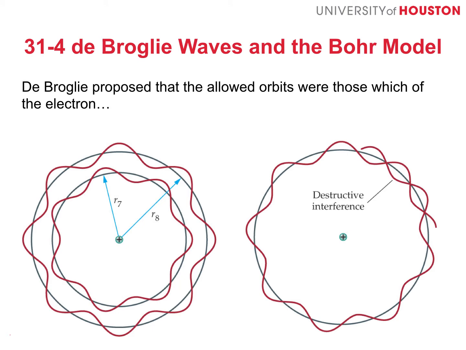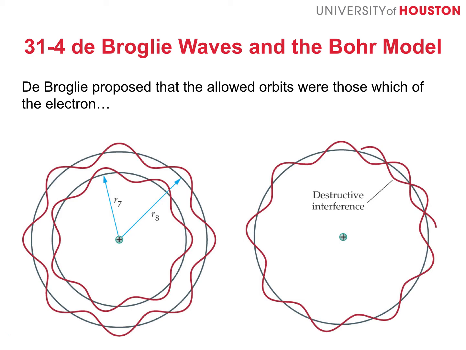Now, de Broglie came along and he proposed another way to look at electrons in orbit of a nucleus. What he proposed was that the only allowed orbits would be integer numbers of the de Broglie wavelength of the electron.